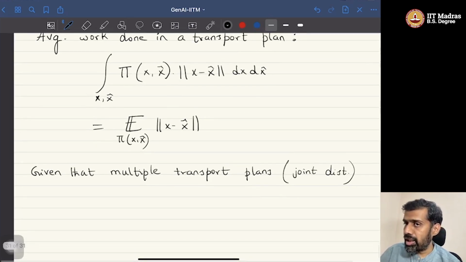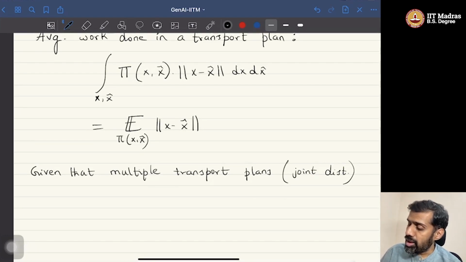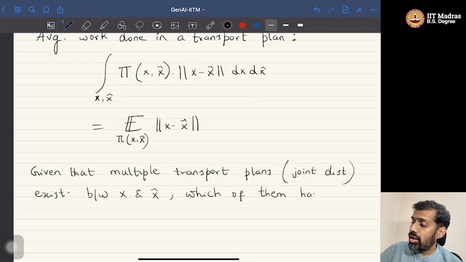So given that there are multiple joint distributions, given that multiple transport plans exist between x and x cap, the question is which of them corresponds to the least amount of work done.